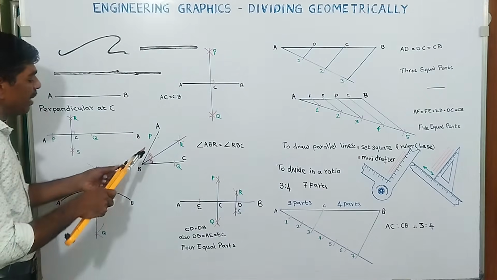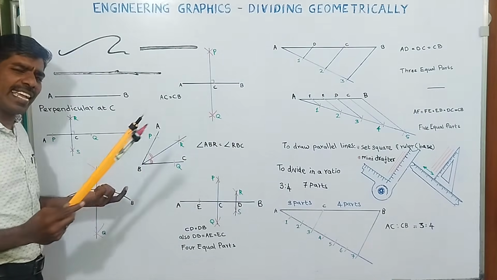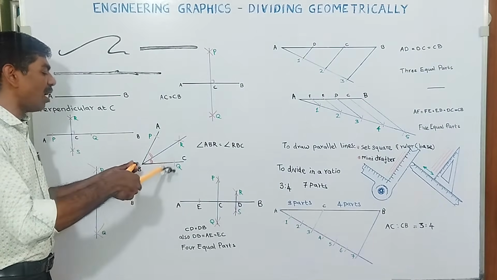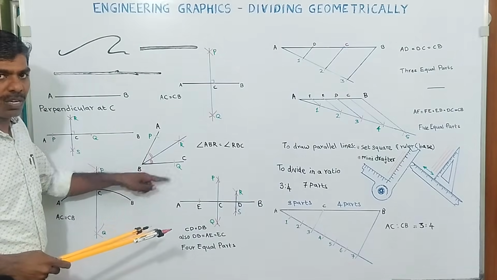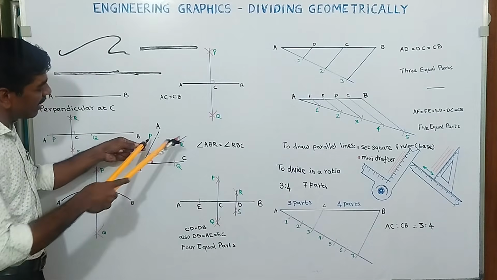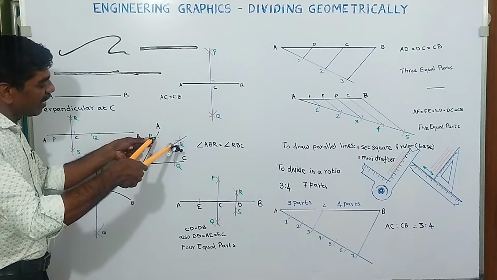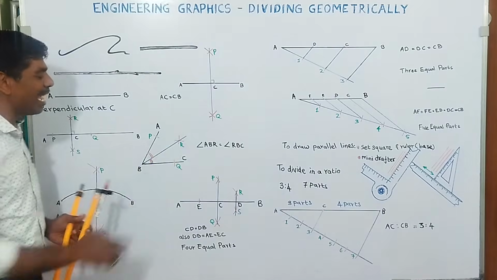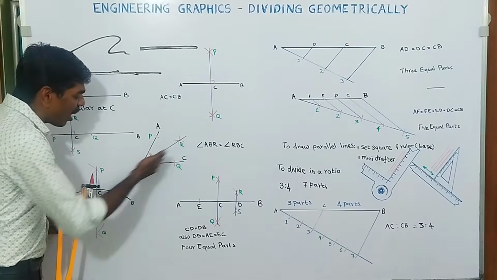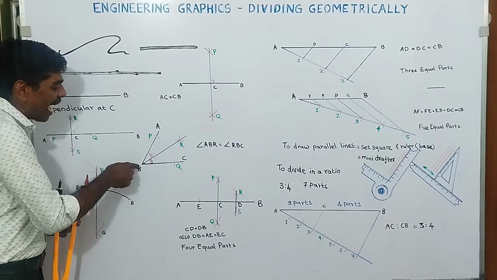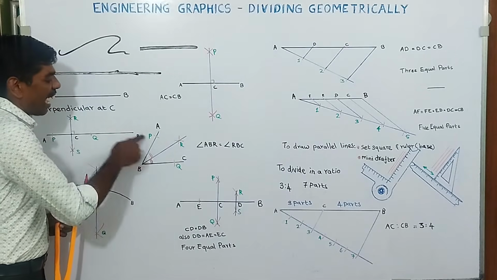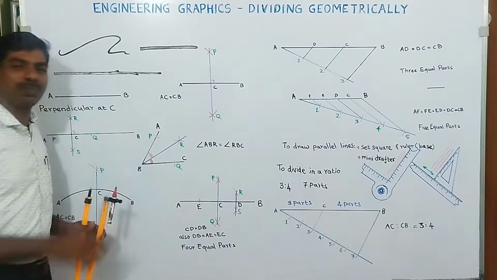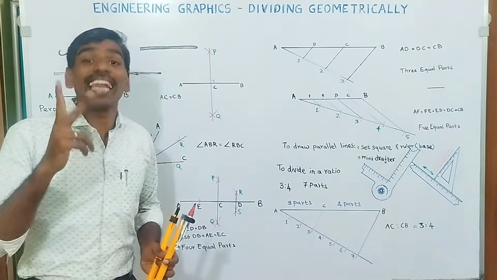Having B as center and taking any radius, make an arc on both the arms, naming the points P and Q. Now with P as center, make another arc, and without changing the radius, with Q as center, cut that arc, naming the point R. Now connecting R with B, angle PBR is equal to angle RBQ. This is how we bisect an angle.